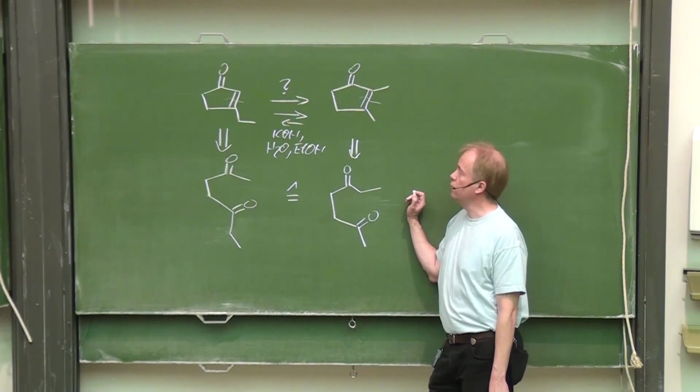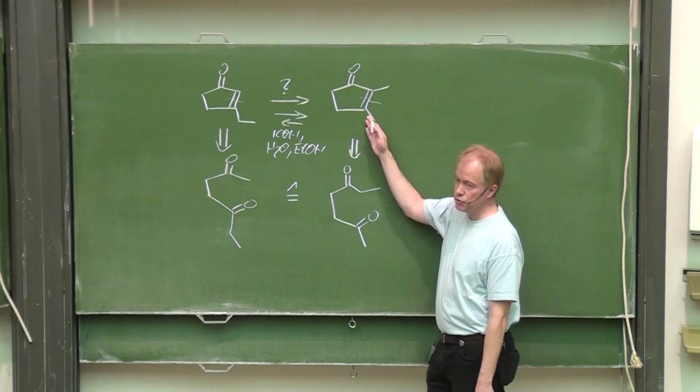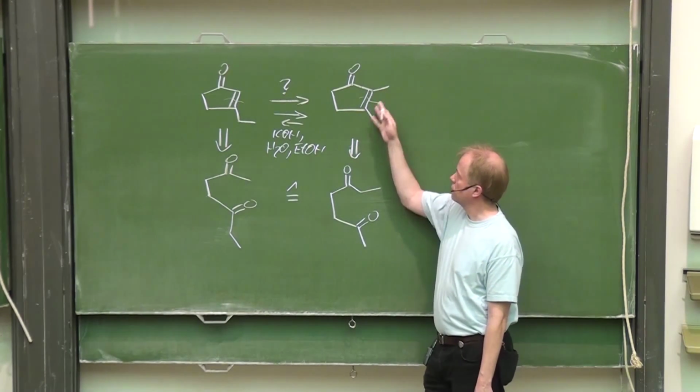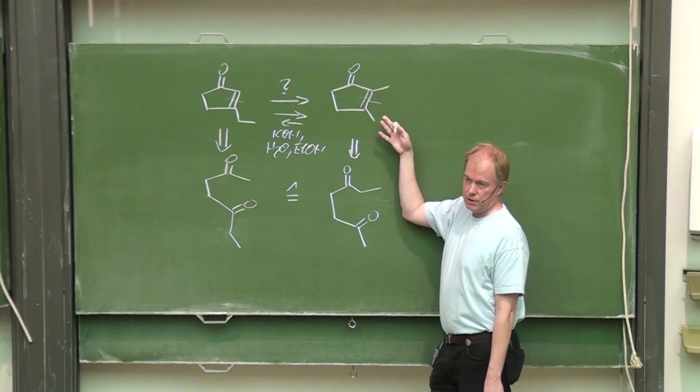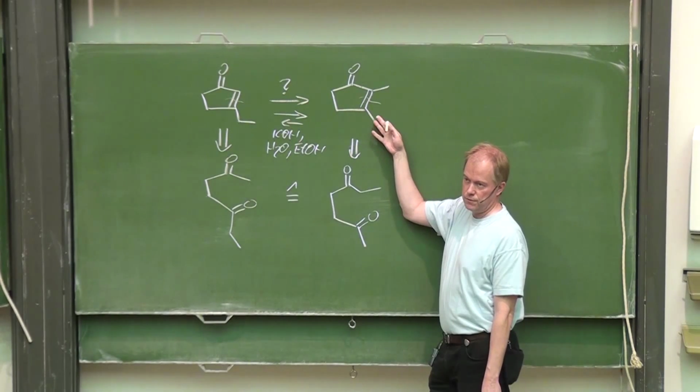And the equilibrium prefers this product because the olefin is more highly substituted. Therefore, this is the thermodynamically preferred one.